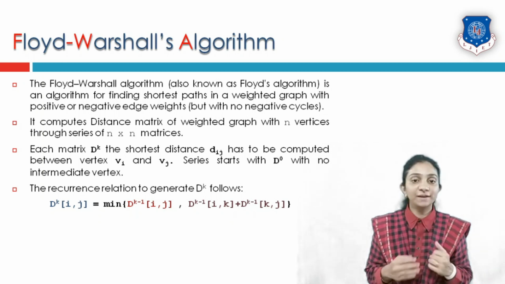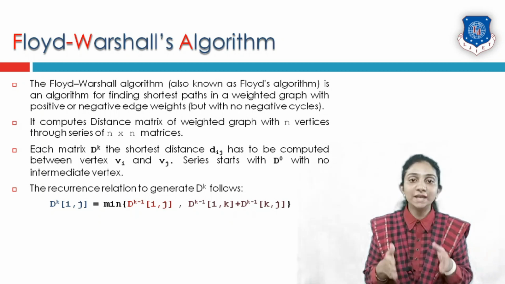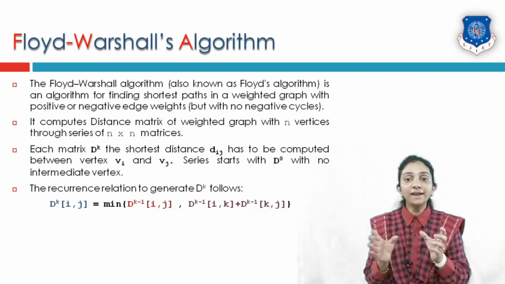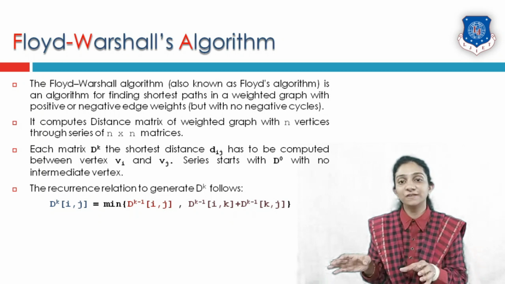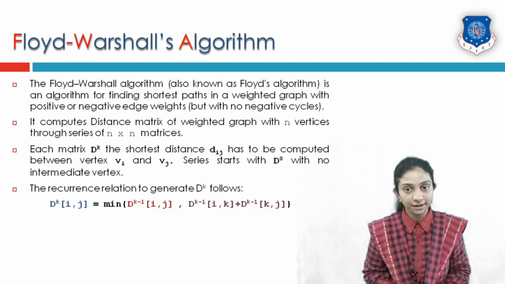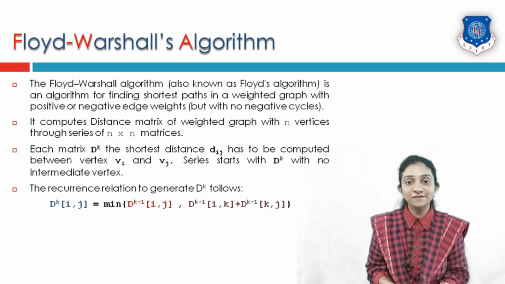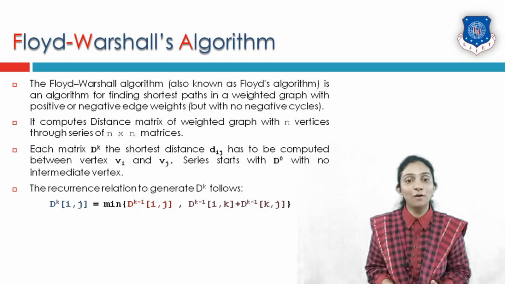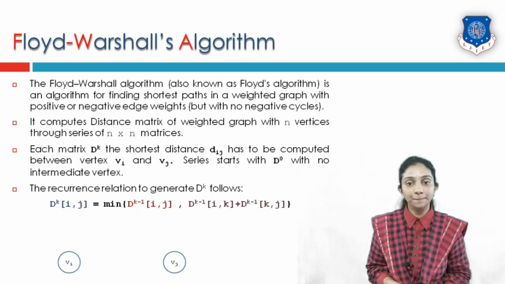So that is my first option inside the minimum function. The other option says that I can add two distances, that is, from i to k plus from k to j. If either of these distances is minimum, it will become the new distance of my i to j.